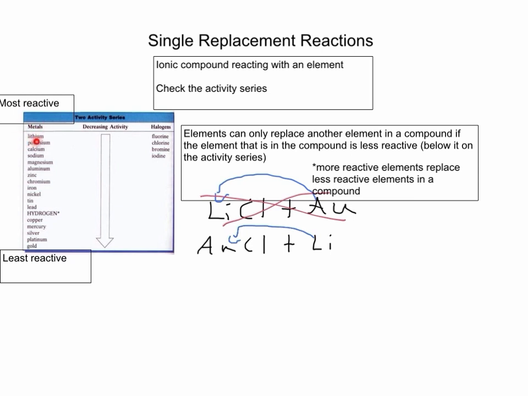Well, lithium is above gold, meaning it's more reactive, and if the element is more reactive than the one in the compound, the reaction will occur. So in this case, the reaction will happen. Lithium will replace the gold, so we end up with lithium chloride plus gold metal.